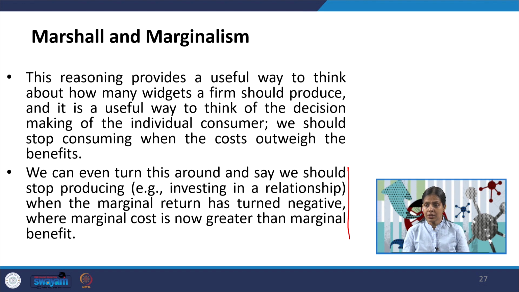So, what we would do is that if we feel that being in the relationship is giving more pain as compared to the pleasure, then we will come out of the relationship. But it has been observed in reality that people continue being in the relationship for several years. What explains this? Rational thoughts, neoclassical models fail to explain that, but behavioralists have tried to explain that. We will be talking about it later.